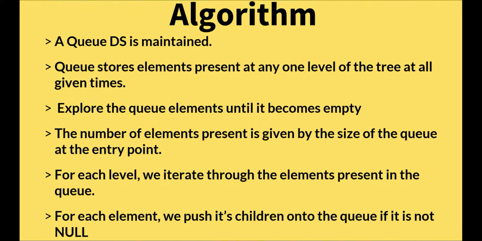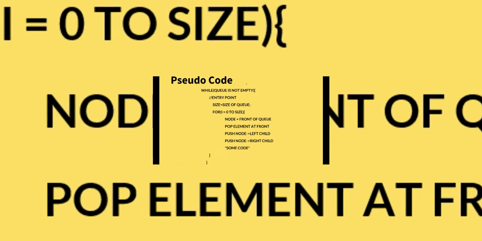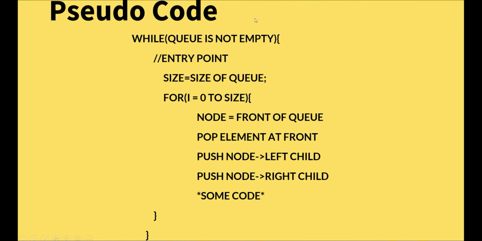Let's look at the pseudocode and then solve a real problem. So we initialize our queue with the root element of the binary tree, which makes up for level 1. So now we run a while loop until our queue is not empty. So inside this while loop, we can get the number of elements present in that level by looking at the size of the queue.